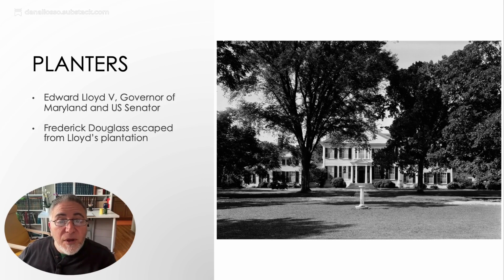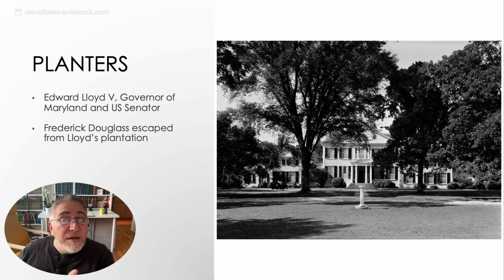Lloyd employed other whites in Talbot County as overseers and slave breakers, who were entrusted with beating and overworking unruly slaves into submission. Like other members of the planter elite, Lloyd himself served in a variety of local and national political offices. He was a member of the House of Representatives from 1807 to 1809, and then governor of Maryland from 1809 to 1811, and then a senator from 1819 to 1826.